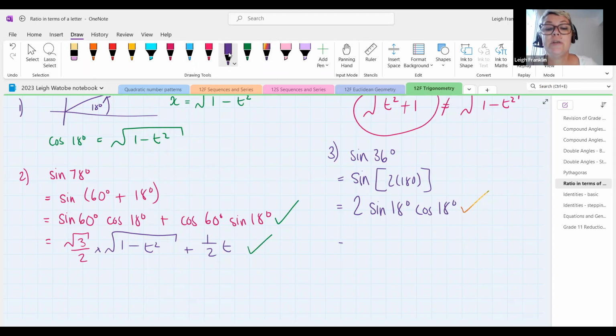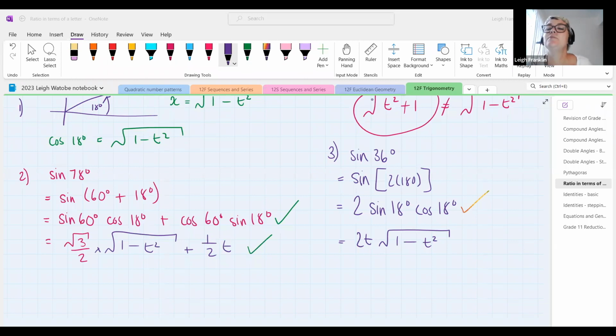Okay, so I understand the 2 and I understand the t from the sine 18, but what about the cos 18? You'd have to sub in the root of 1 minus t squared. Oh, you just left that off. That's it. Yes. Perfect. Well done. Very nice. Good job.